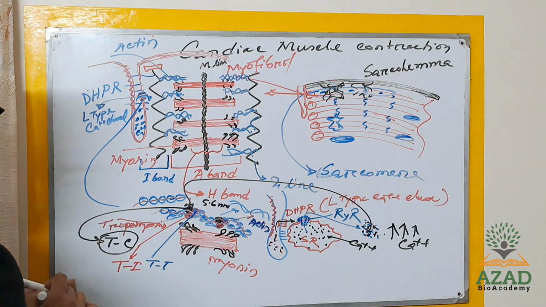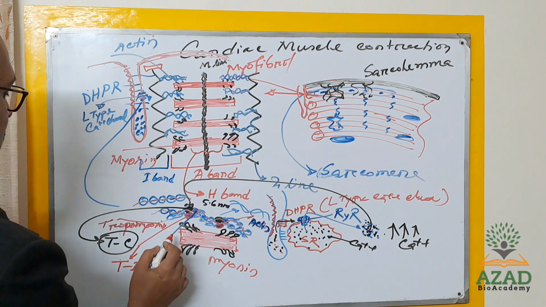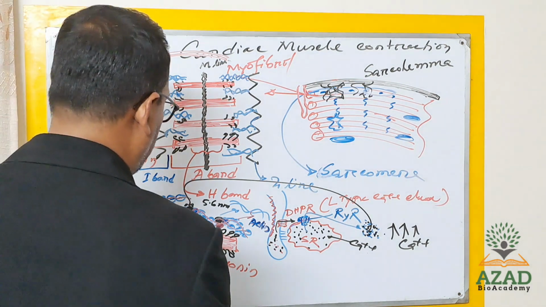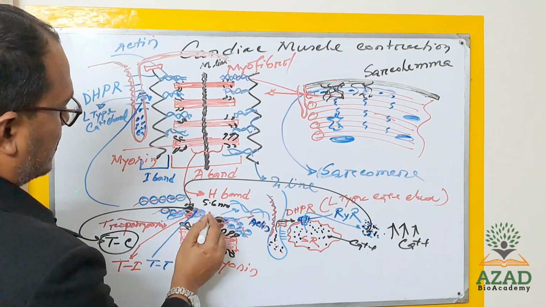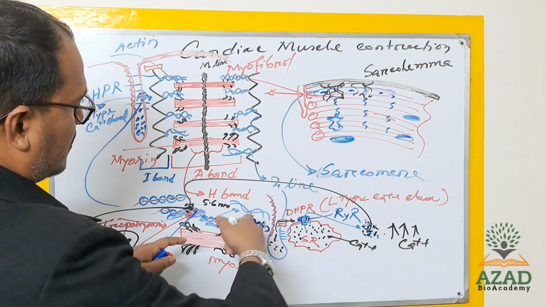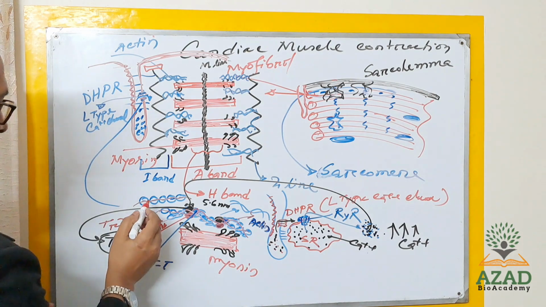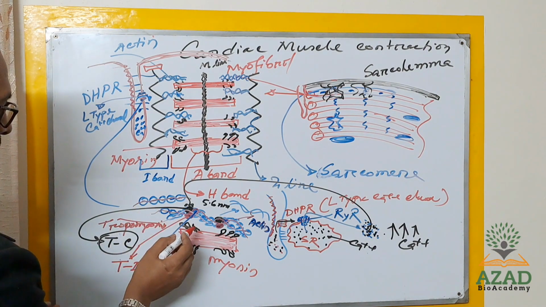It will remove the inhibitory function of troponin I and cause changes in troponin T, and that troponin T will remove or rotate the tropomyosin away from the active binding site of the actin. Just like that, as I already said. So in that way, what will happen?